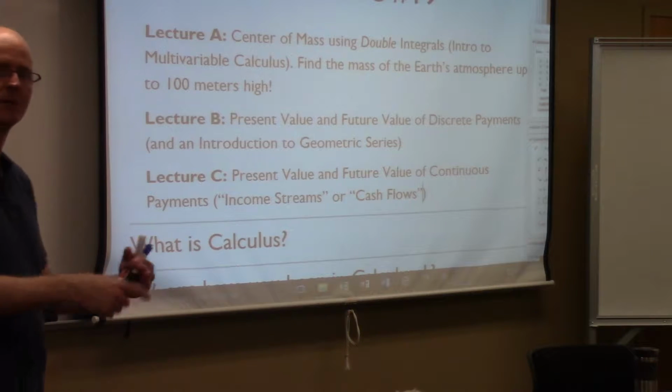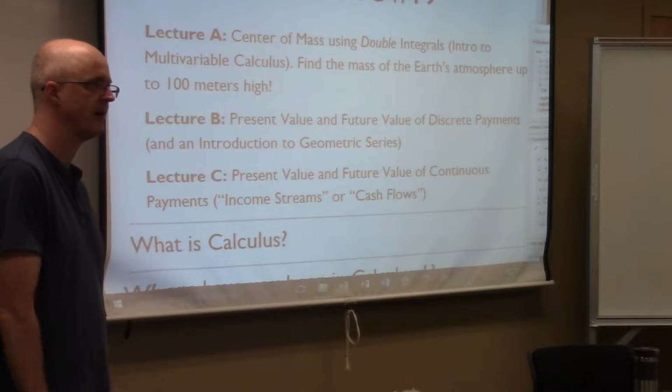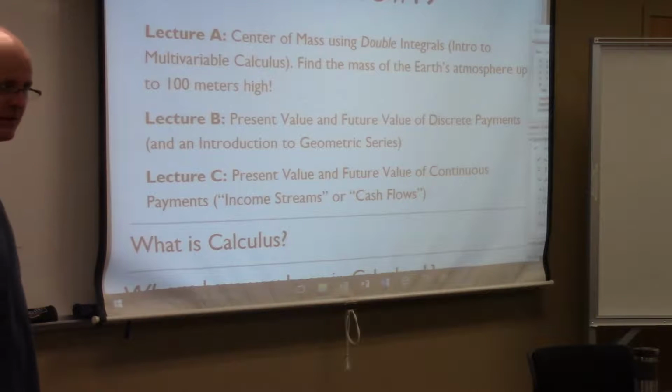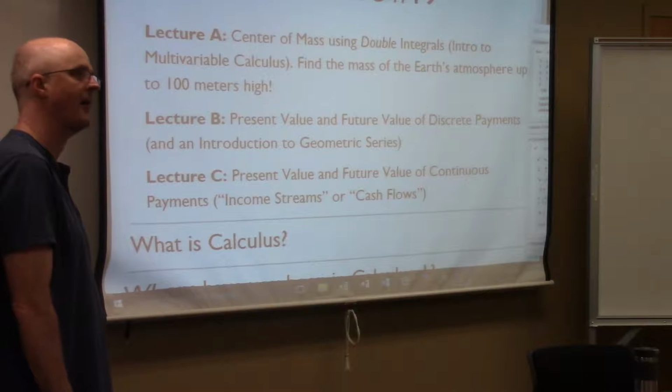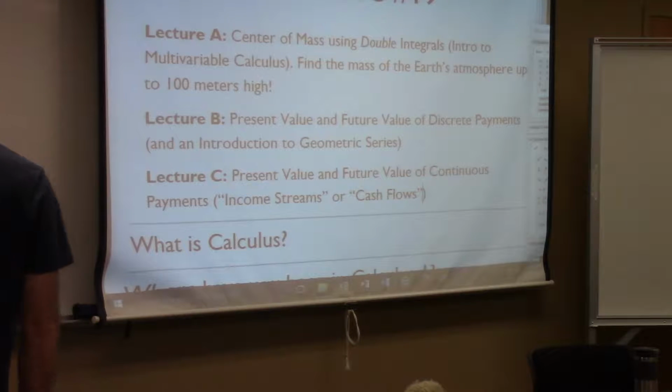Okay, and this will lead us in Wednesday and Friday's class to talking about actuarial applications. We'll combine this present value and future value stuff with lifetime random variables probability as we finish off chapter 8.